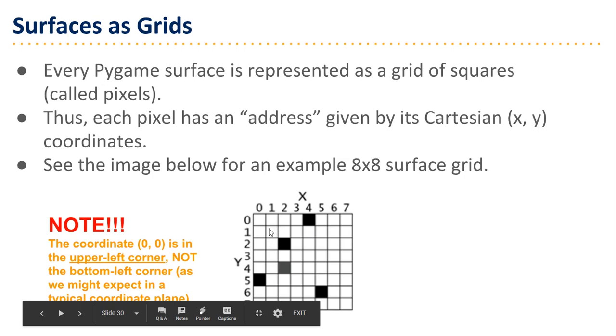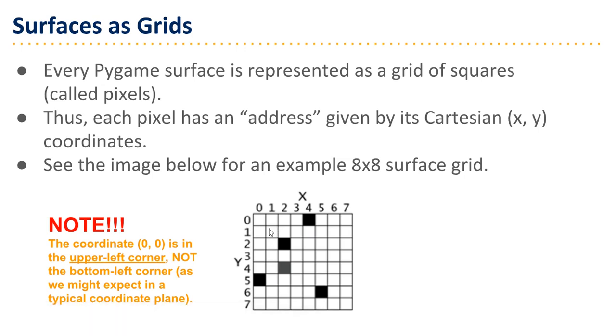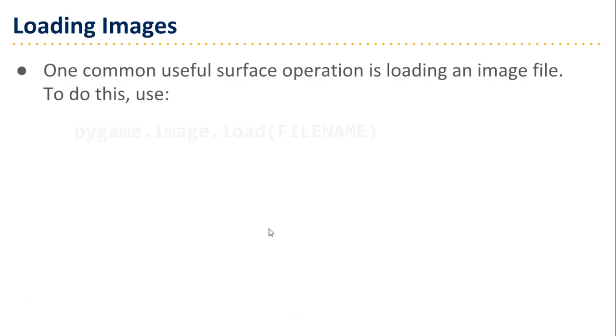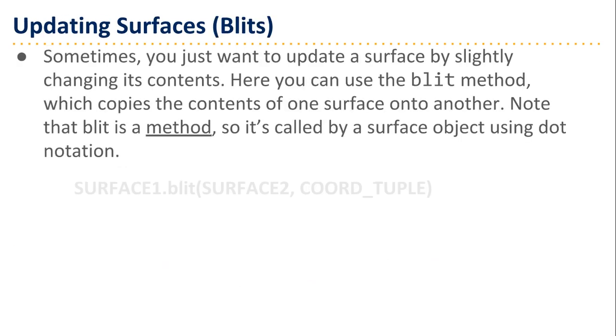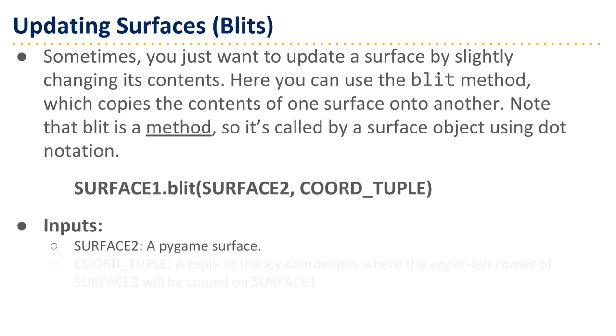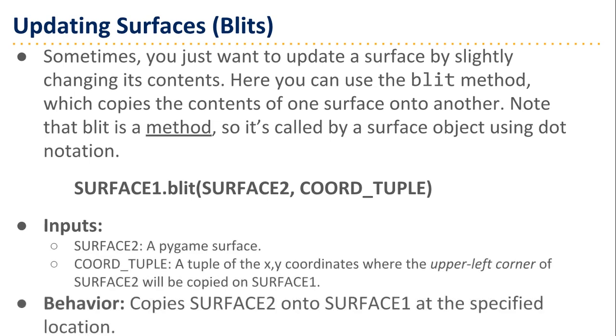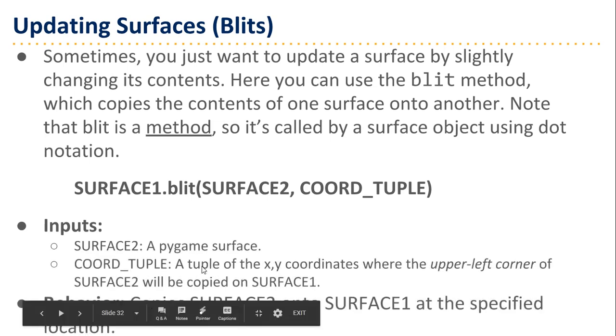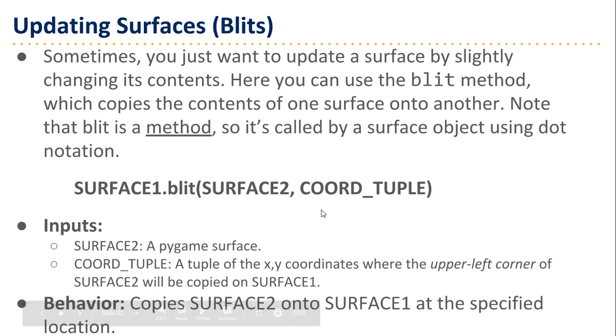So that's just how Pygame works. It deals with the upper left corner of surfaces in blits and in other functions we'll see later. And the behavior, as I've been describing, is it copies surface 2 onto surface 1 at the specified location. That's a blit. You'll probably use these quite a lot.